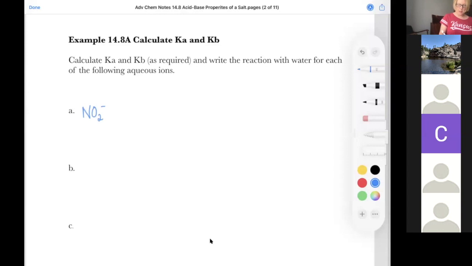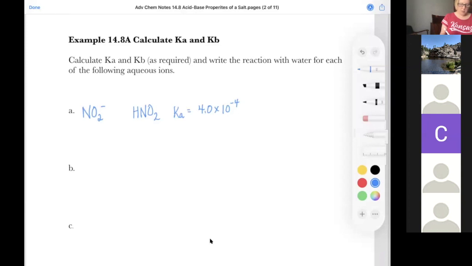The acid that produces this anion would be HNO2, and the Ka value for that is 4.0 times 10 to the negative 4th. So if this is the information that we are given, let's calculate the Kb and write a reaction.